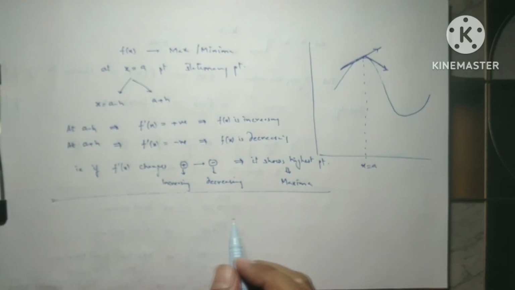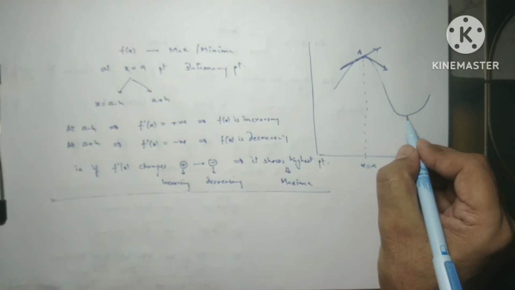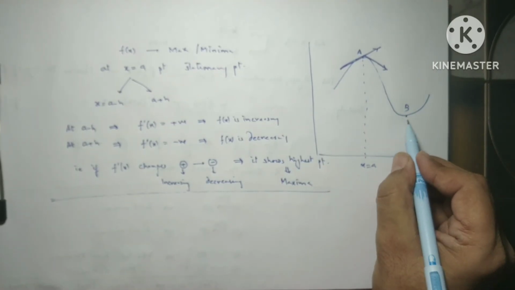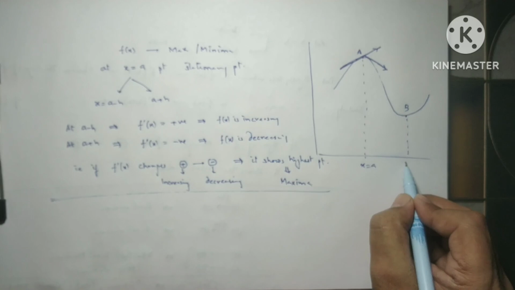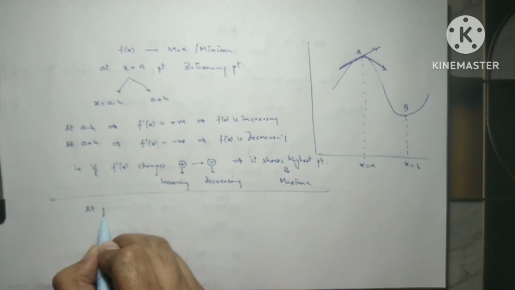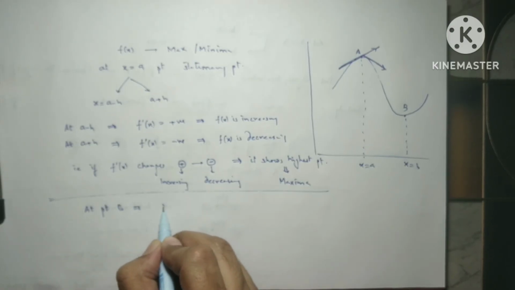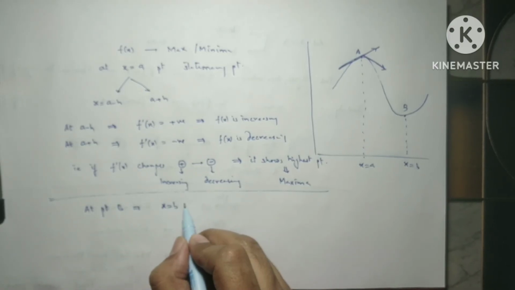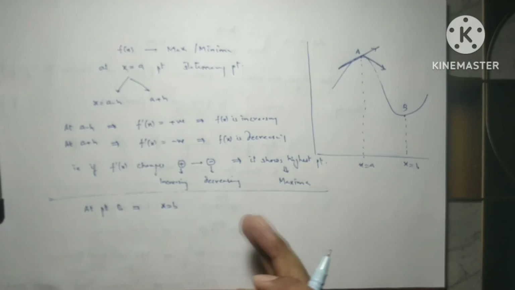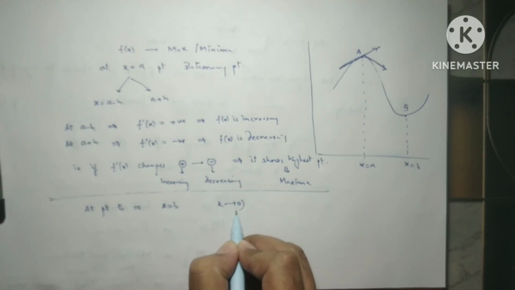Now on this position, this is A and this is B. On this position, x equals to B, at point B. So there are two values, slightly lesser and slightly more, B minus K and B plus K. K is a very small value, K tends to 0.